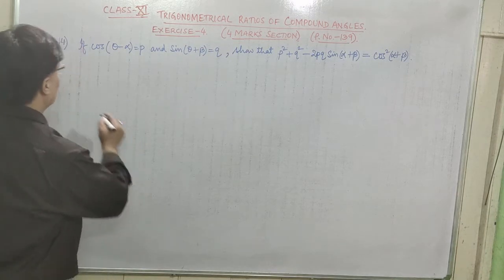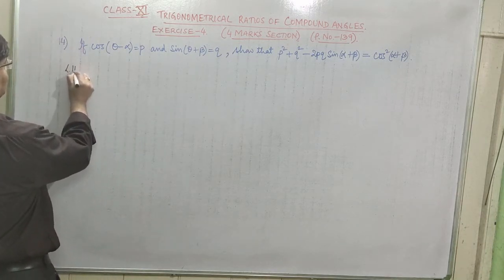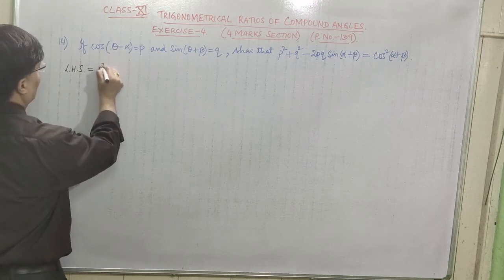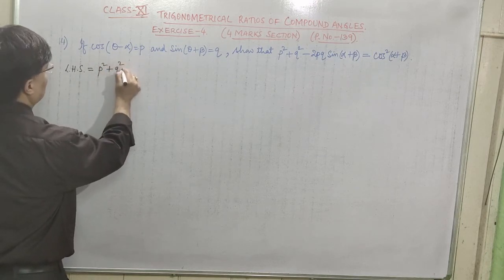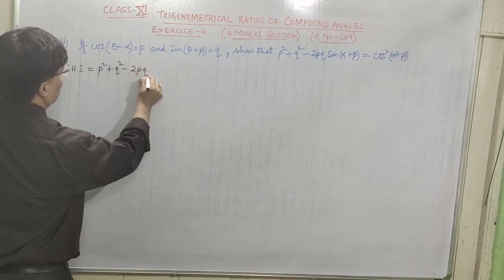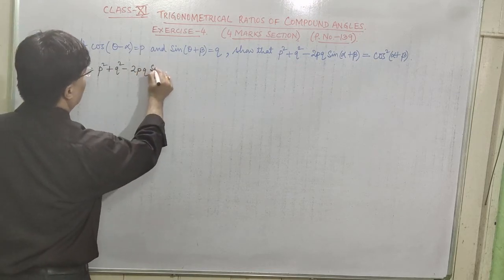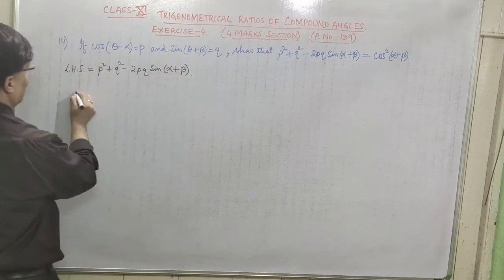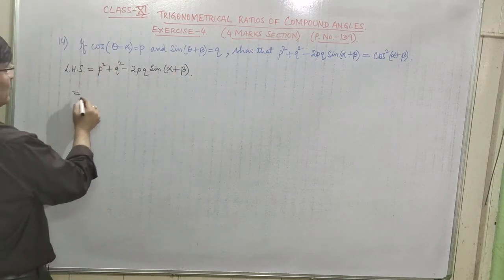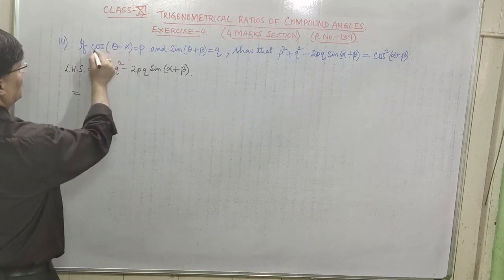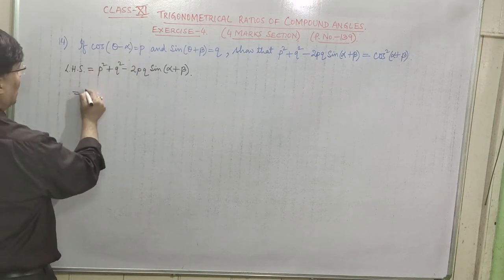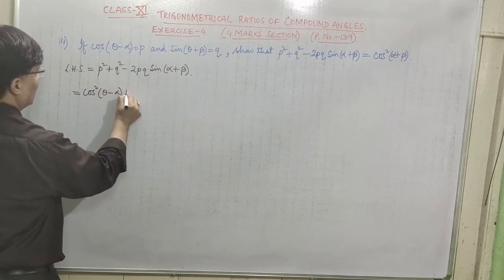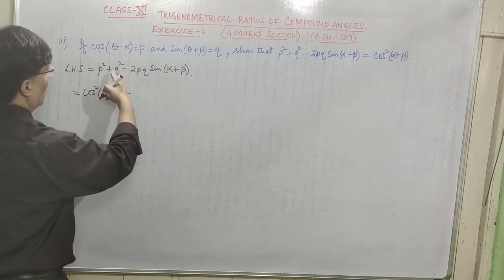Okay. So let us write down left hand side. So LHS is equal to p square plus q square minus 2pq, and this is sine of alpha plus beta. What is p whole square? If p is equal to cos theta minus alpha, what is p whole square? It is cos square theta minus alpha plus what is q square?